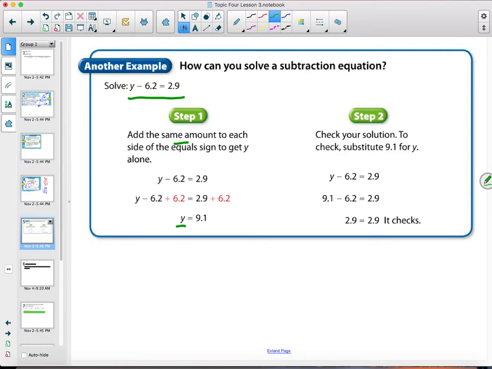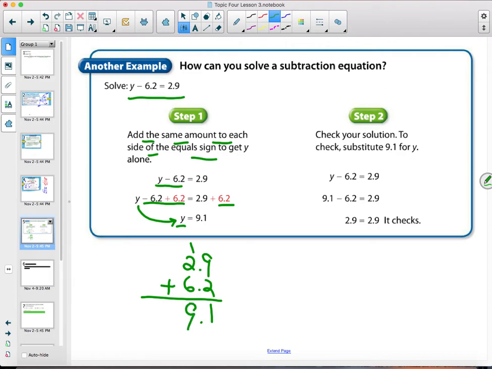So we add the same amount to each side of the equal sign because we want to undo the subtraction of 6 2/10, and we will do that by adding 6 2/10 to both sides. That will get the y by itself, and then of course, we do 2 9/10 plus 6 2/10 on the other side. 9 plus 2 is 11, 1 plus 2 is 3, plus 6 is 9, bring down our decimal point, and that gives us the value of y.